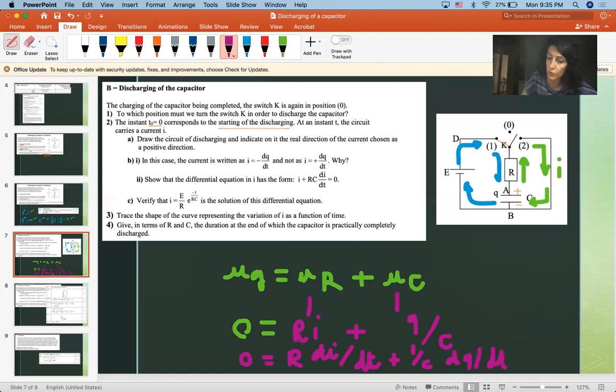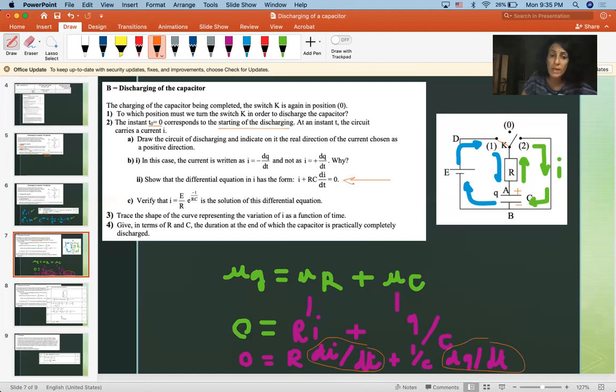So I did the derivative with respect to time everywhere. dq over dt is I. I think I got it. The space lacks me a bit, so this is I, and you already have di over dt, which is needed. Then you multiply everything by C to remove 1 over C, and you get to this one.